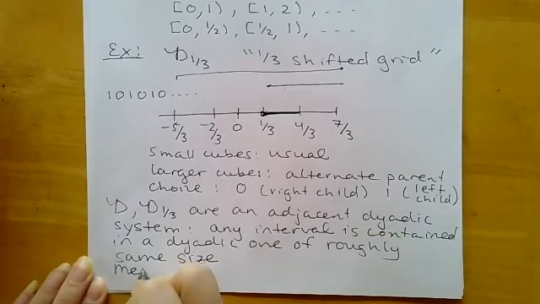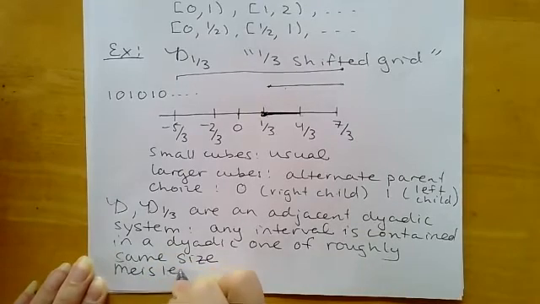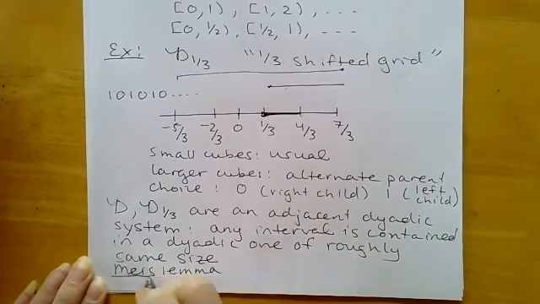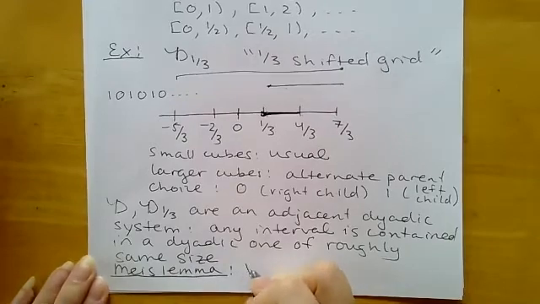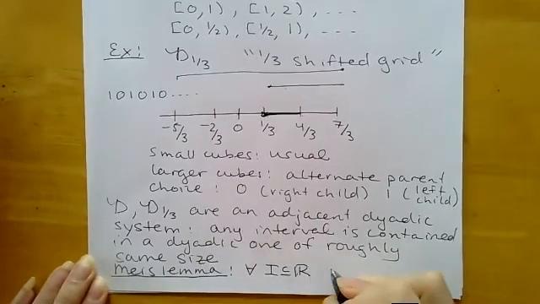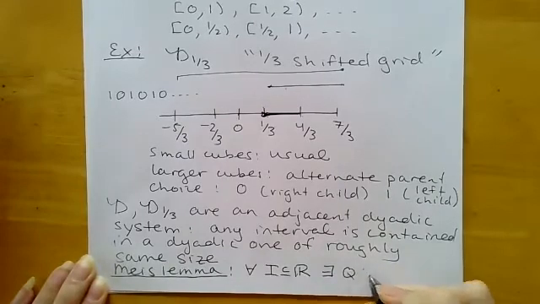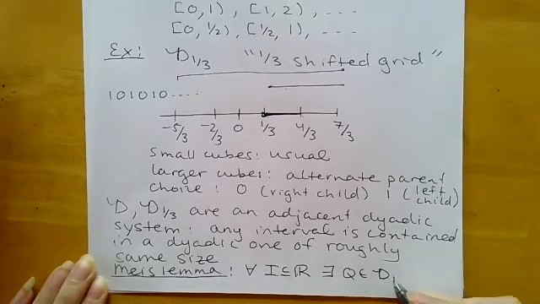And May's lemma, you can quantify this. And I'll write one such version for the real line. This is named after Tao May, who did this for the torus. And the precise version is for any interval I in R, there exists a Q in one of the 2 grids. So generically, we don't necessarily need D and D 1/3.